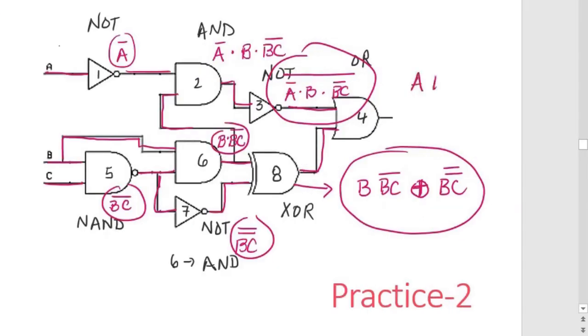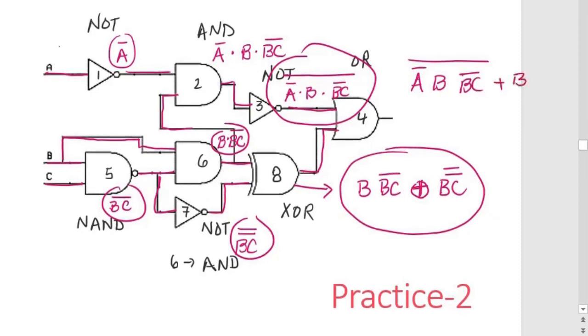All right, let's write that out. I'm simply copying the 2 inputs, and then because I'm running them into an OR gate, I'll put a plus sign between them.